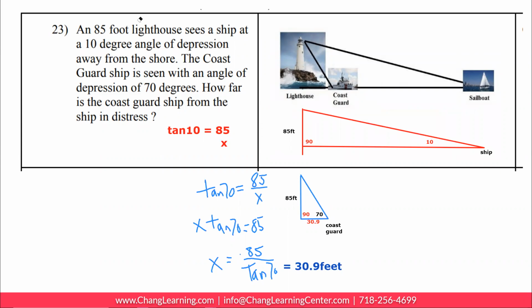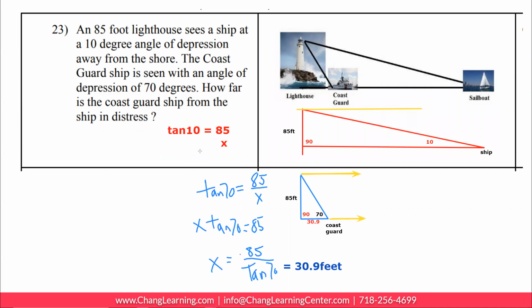I'll just draw that as a yellow guideline, the invisible line going out this way. And also, these yellow lines are parallel. So we get 70-degree depression and 70 degrees inside the triangle from the Coast Guard ship.